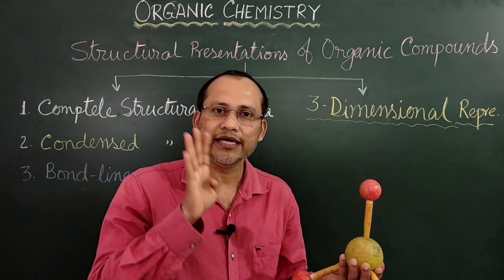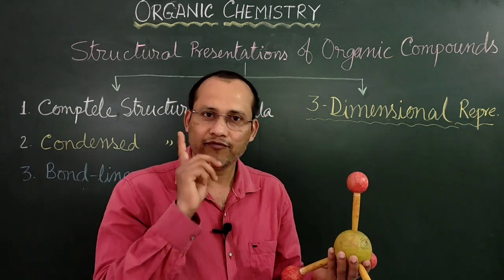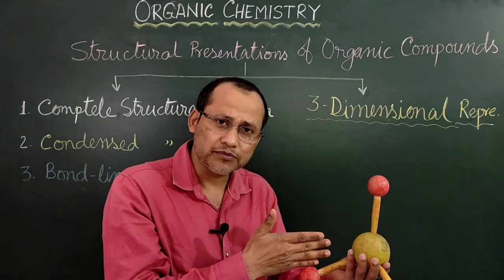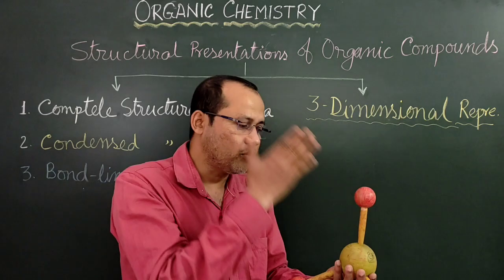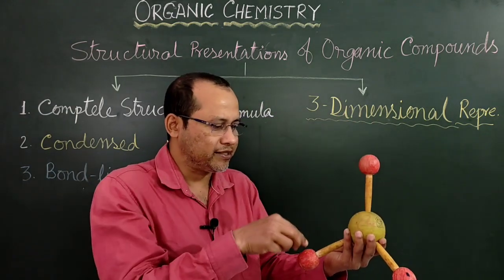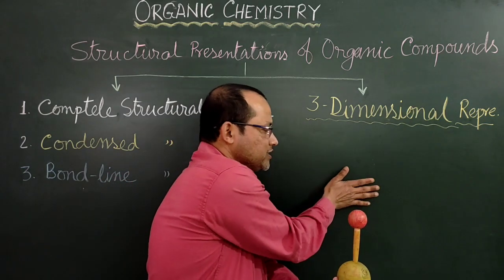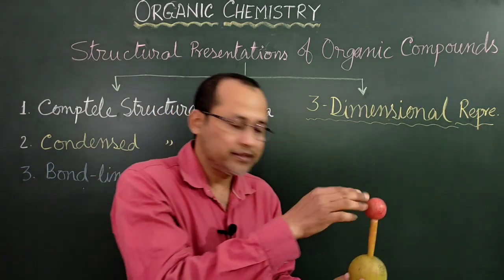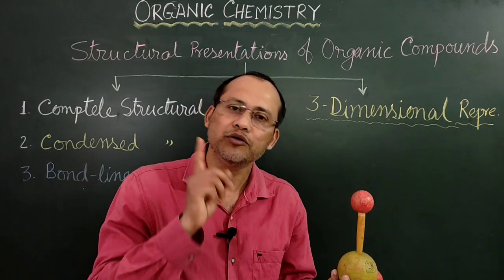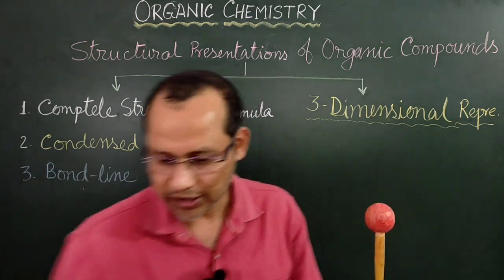Now in this, three conventions will be there. First of all, you have to take some atoms which will be on a particular plane. Now if we consider this and this to be present on this plane, then this bond and this bond will be represented by normal lines. So let me draw this.